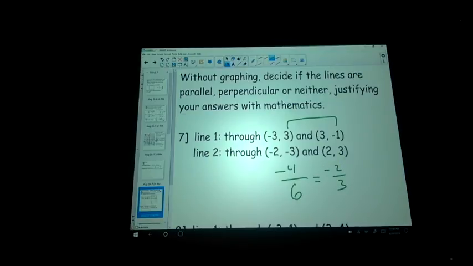And then if I try the other one here, 3 plus 3, that's 6, 4 minus 4. So that becomes 3/2. What kind of lines are these? Perpendicular. They're perpendicular, right? Perpendicular lines have opposite signs, so one's positive, one's negative, and one's flipped over the other.